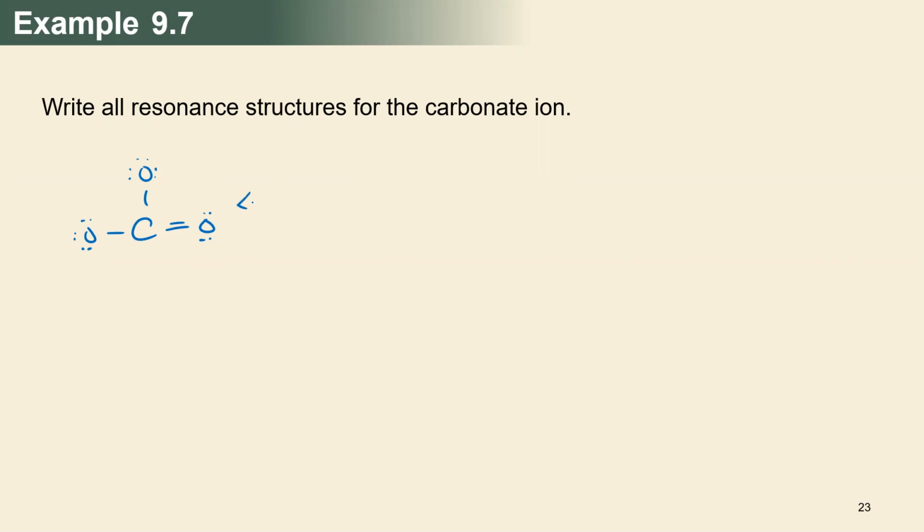And so we can write in our double-headed arrow and move that double bond around. Because there are 3 oxygens, that double bond could go in any of those 3 positions. So we end up with 3 Lewis structures.